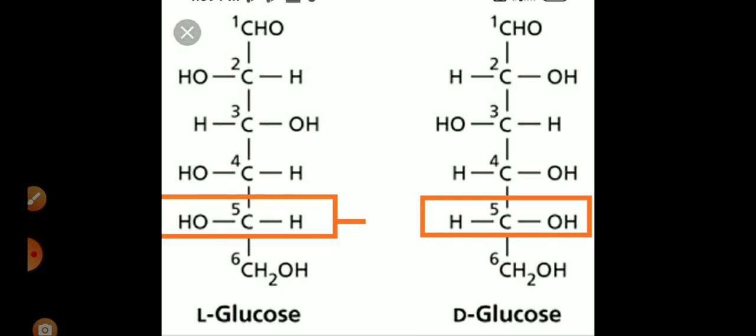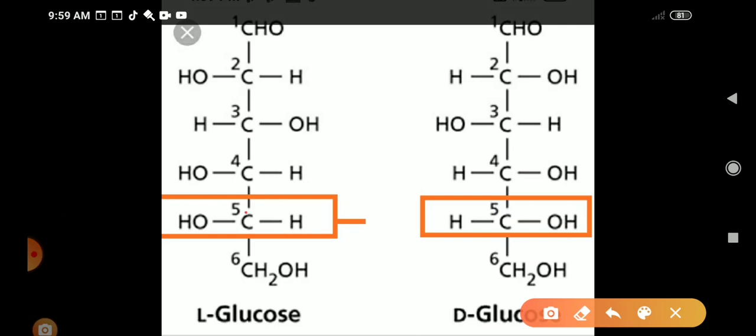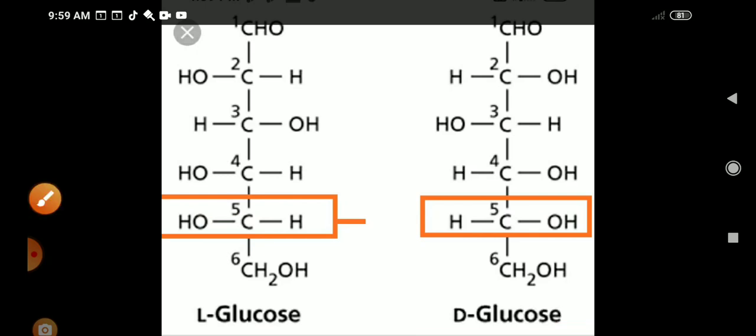There are two forms depending on the configuration of the fifth carbon. Here OH is on the left side, therefore it is an L configuration. And if OH is on the right side, then it is called D configuration. So it is named D-glucose and L-glucose depending upon the position of OH on the fifth carbon.